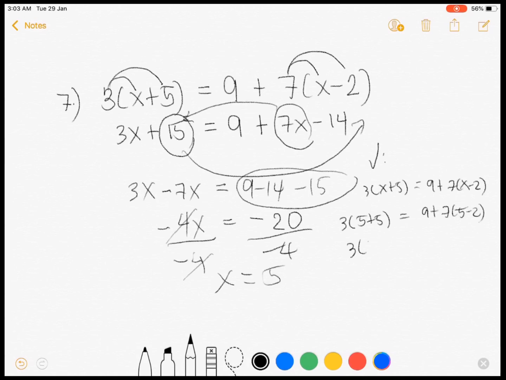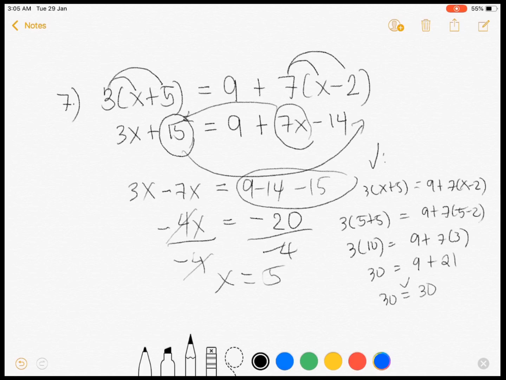So, we have 3 times 5 plus 5 is 10, is equal to 9 plus 7 times 5 minus 2 is 3. So, 3 times 10 is 30, equals 9 plus 7 times 3 is 21. So, 30 is equal to 9 plus 21, which is 30. So, therefore, our solution of x is equal to 5 is correct.